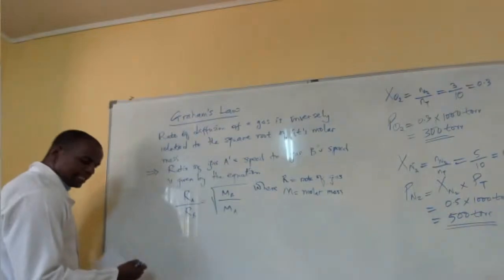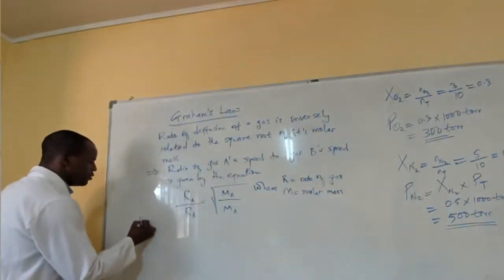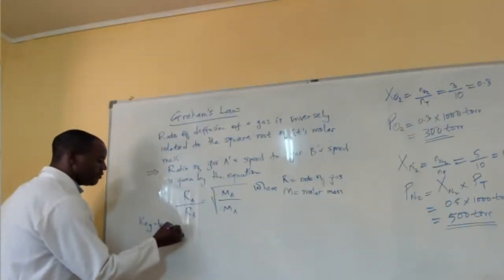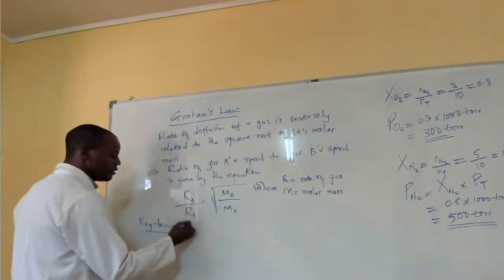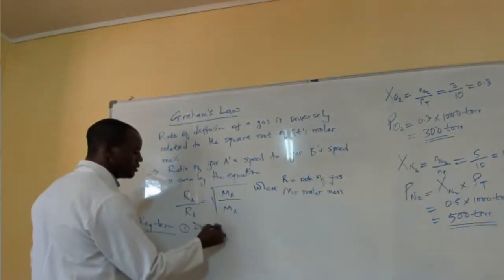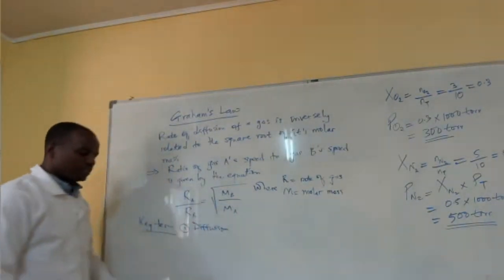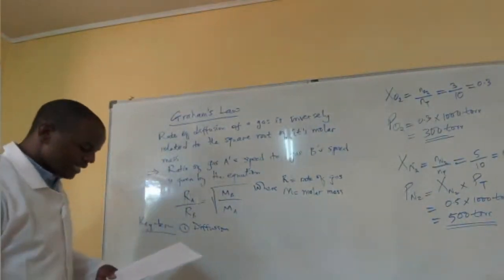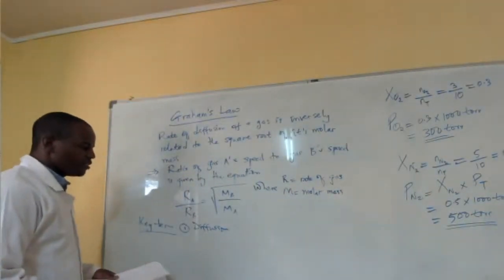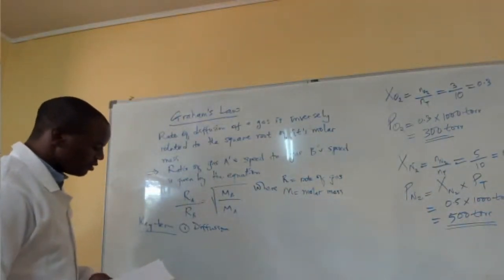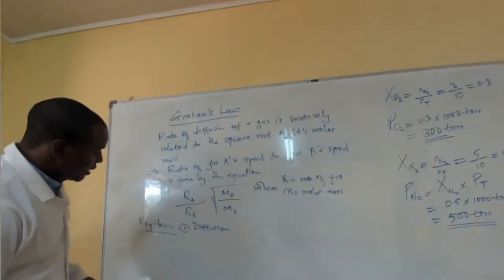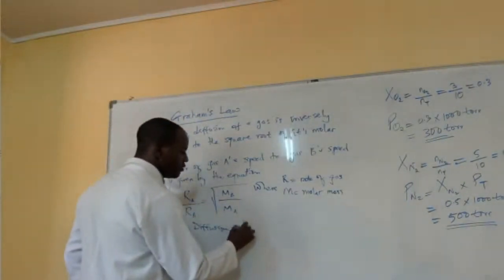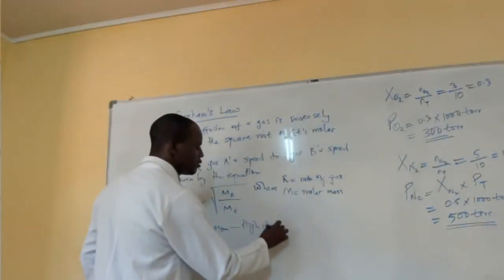Now, there are certain key terms that are used in Graham's law. So we have one is the common one, which we all know is diffusion. So diffusion is the movement of gas particles, in this case, since we are talking about gas particles, from a region of high to low concentration. So this one is well known, it's just movement of gas particles from high to low.